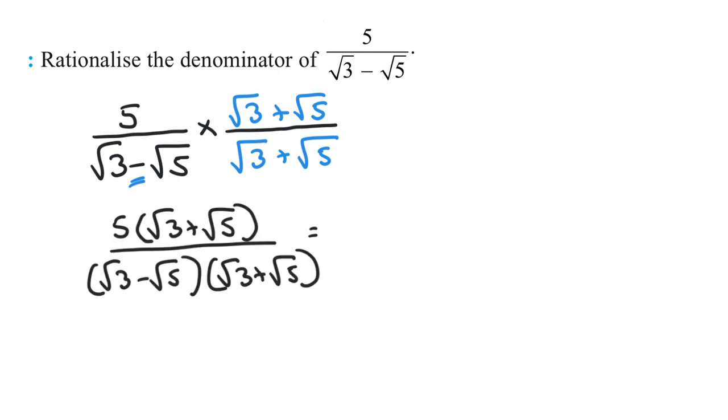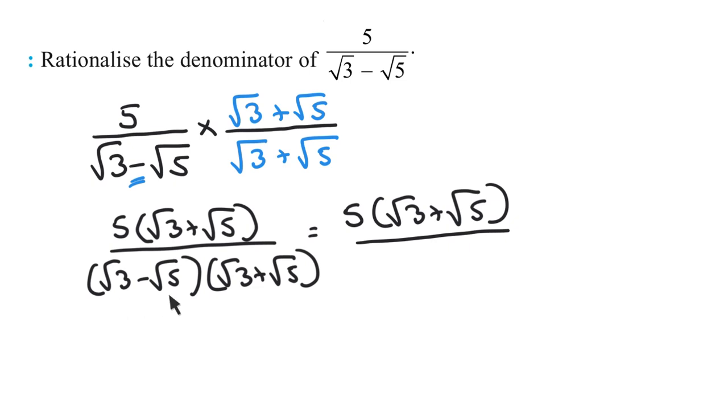So let's keep the numerator as it is, 5 times root 3 plus root 5 over, is the denominator in the form a minus b times a plus b? The identity, what is a minus b times a plus b? It's a squared minus b squared. So according to that, this is going to be root 3 squared minus root 5 squared, isn't it?